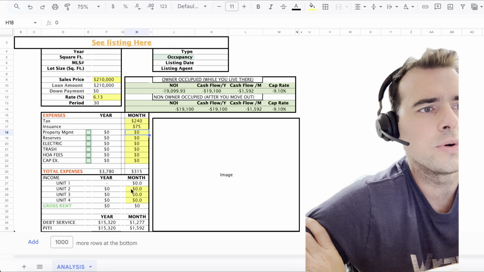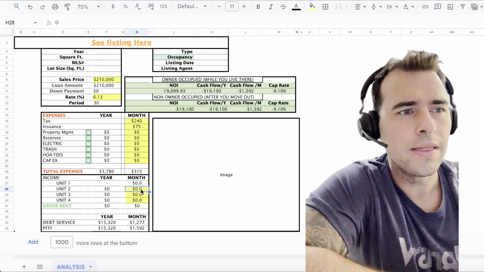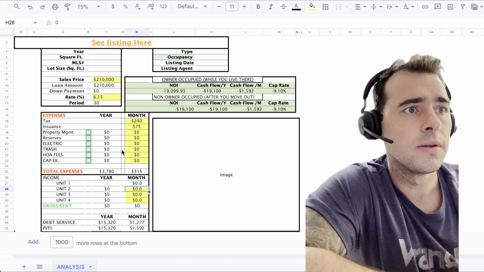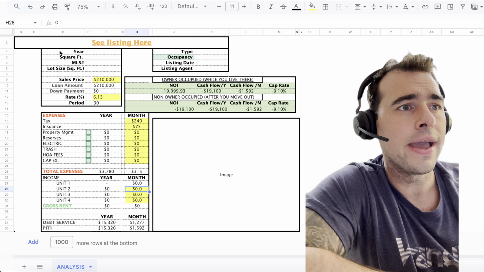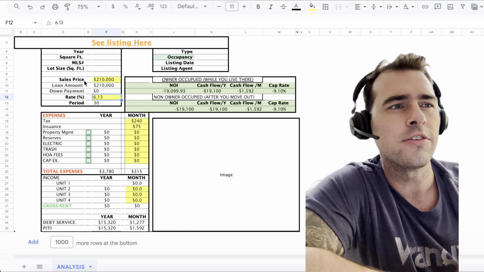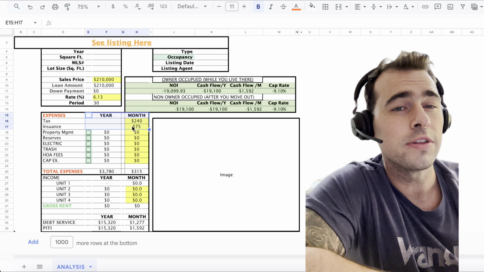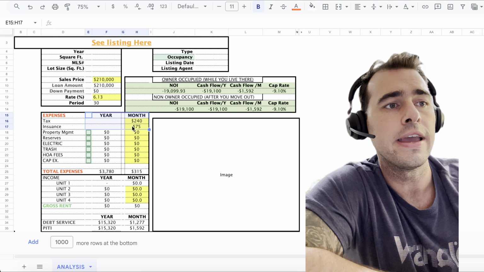So now we have the sales price, we have the financing terms figured out, and we have the expenses, and for the expenses here, we just put the taxes and the insurance.